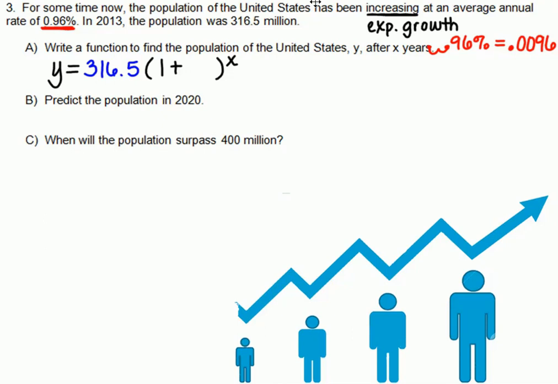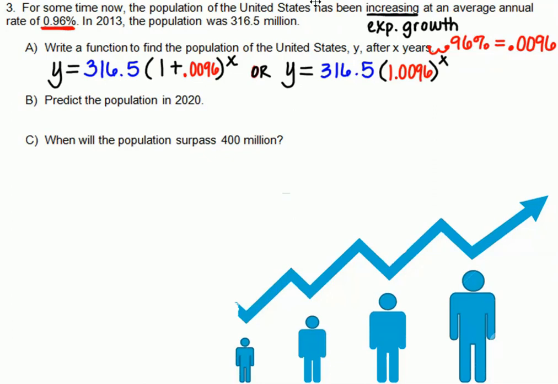Now, I'm going to plug in my rate of growth as a decimal. And then if you prefer, we can rewrite this as y equals 316.5, but let's combine together the 1 and the 0.0096 to just one number. That's 1.0096.